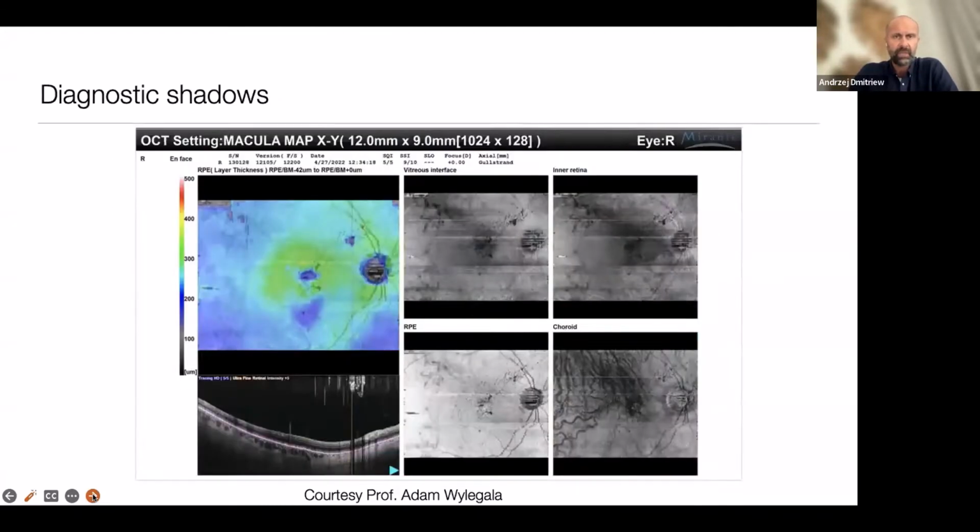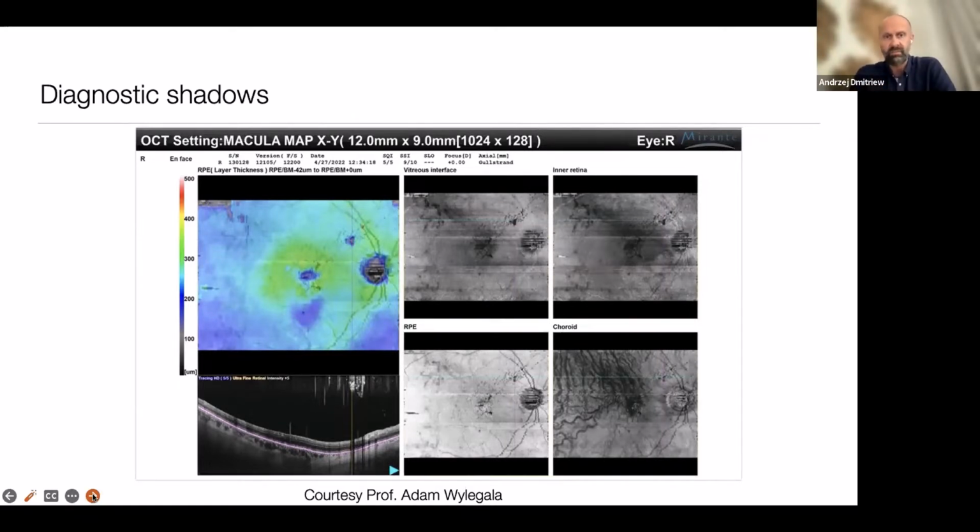diagnosis of the patient. Obviously, diagnostic shadows are something that doesn't help us in many cases, especially in patients with macular problems or patients with glaucoma, when we have opacities right in front of the optic nerve. And when we're trying to evaluate the retinal nerve fiber layer, then we have significant problems in measuring it.